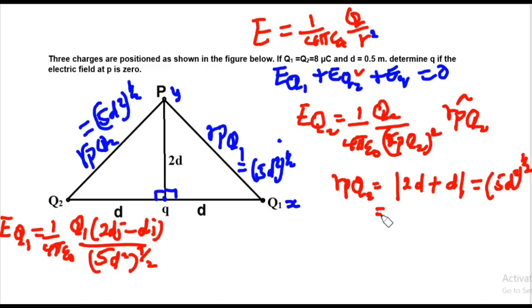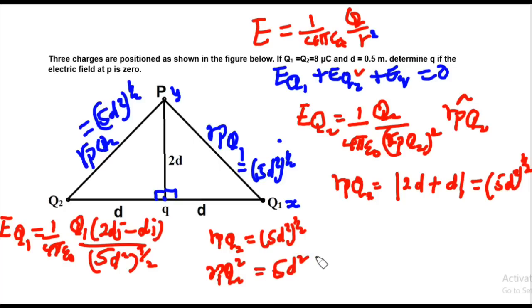Or you can use this formula that this is square root of 2D square plus D square, as we found earlier. So we have that the RPQ2 now is 5D square to the power of half, as we can see here. So RPQ2 square will just be 5D square, because if we raise it to the power of half and then square it, this goes.